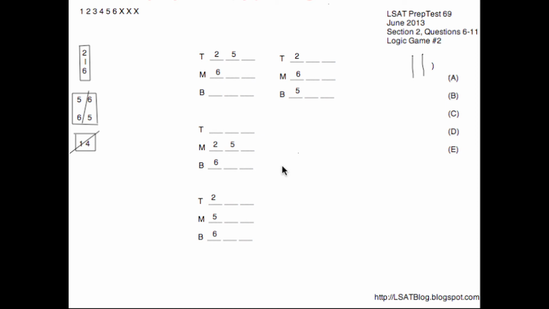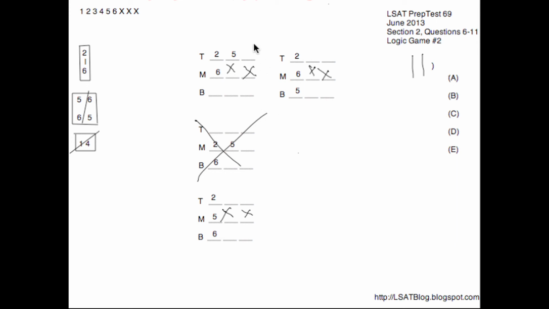Finally, number 11, if exactly one dish were stored on the middle shelf. So right away, the choice mentioning 2 and 5 on middle is irrelevant because it has 2 things there, not only 1. Then for the remaining choices here, we're going to have to limit things by putting down restrictions on the remaining middle spaces because we're going to have only either 5 or 6 on middle spaces.